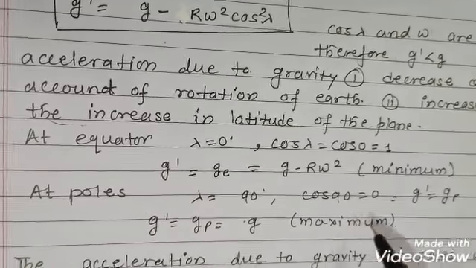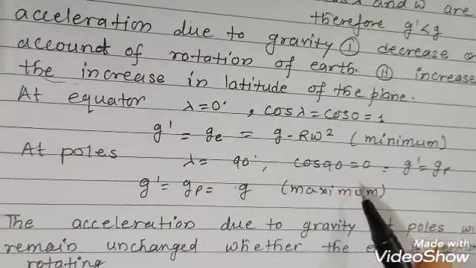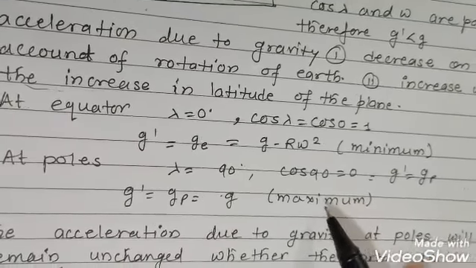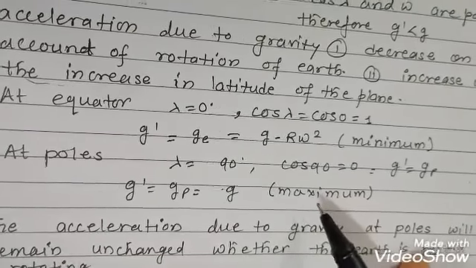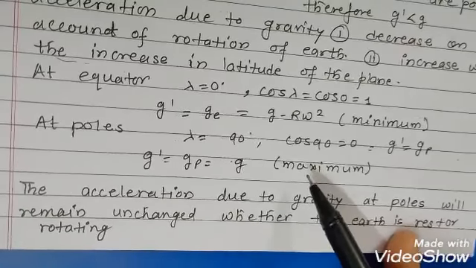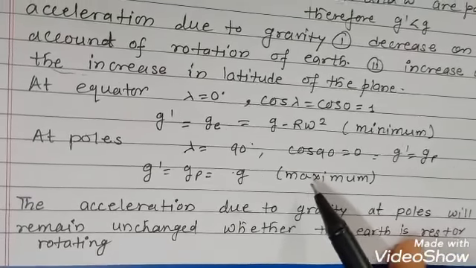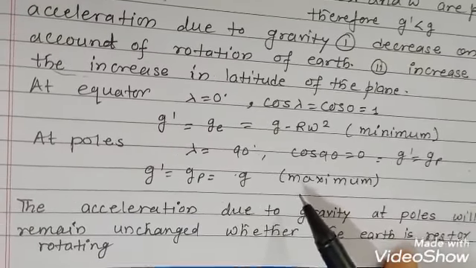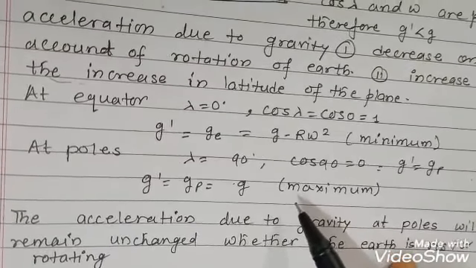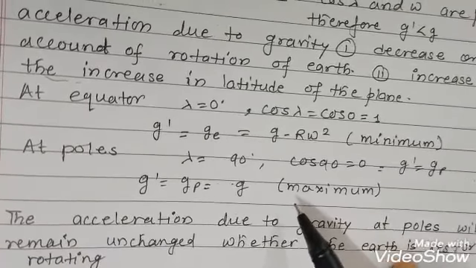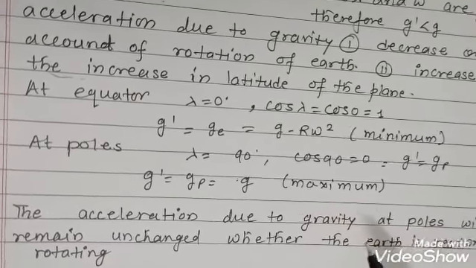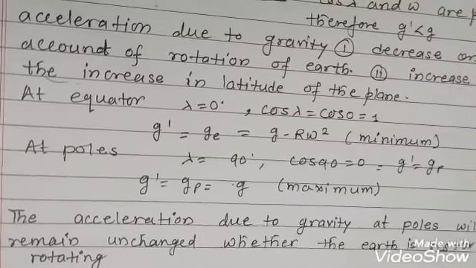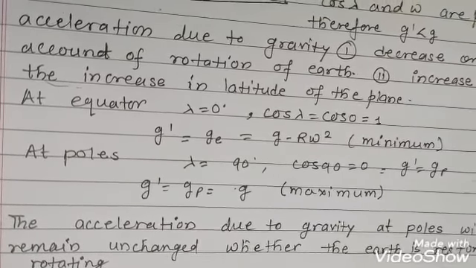So what we find here, when we go from equator to pole, or when the latitude will increase, the acceleration due to gravity also will increase. When the angular speed of the earth will increase, the acceleration due to gravity will decrease, and the acceleration due to gravity at pole will remain unchanged whether earth is at rest or earth is rotating.